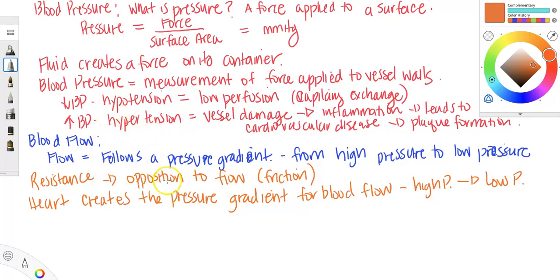All right, so we gauge and measure the pressure in the body two ways. We've got systolic pressure.